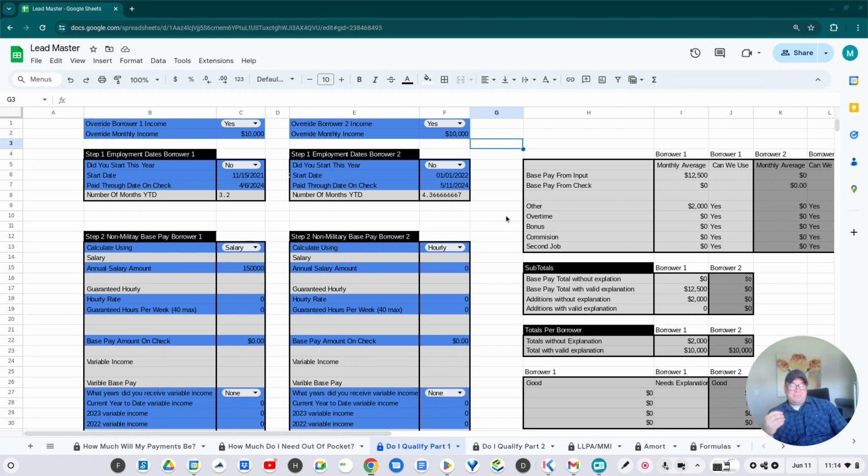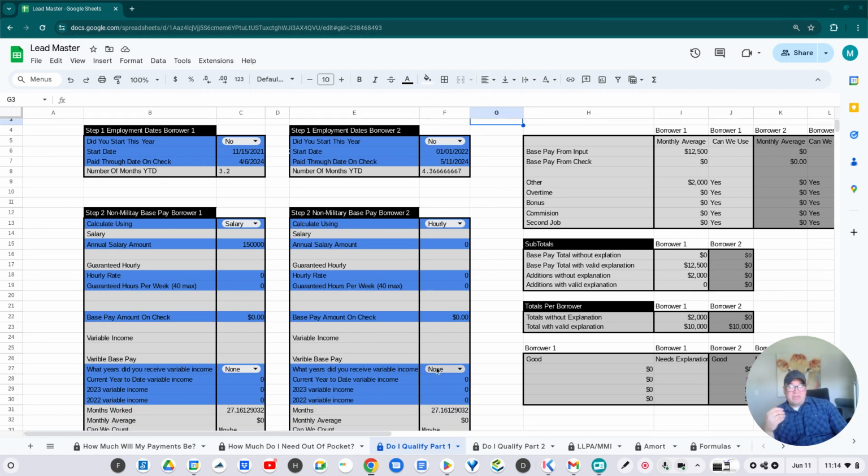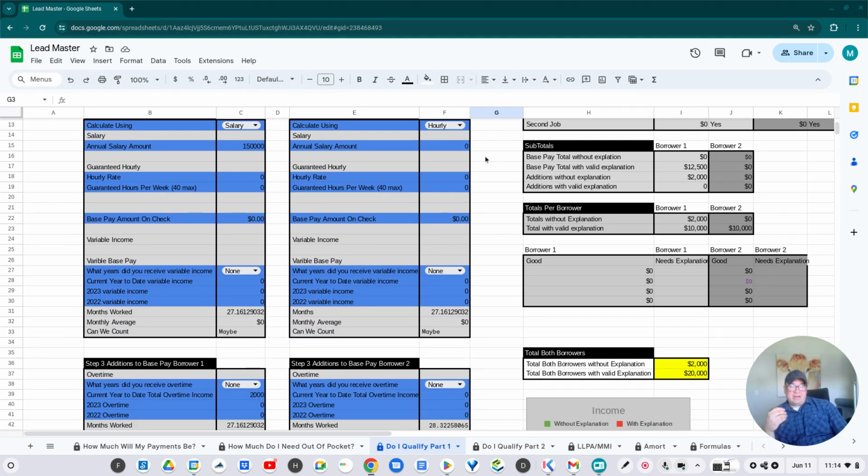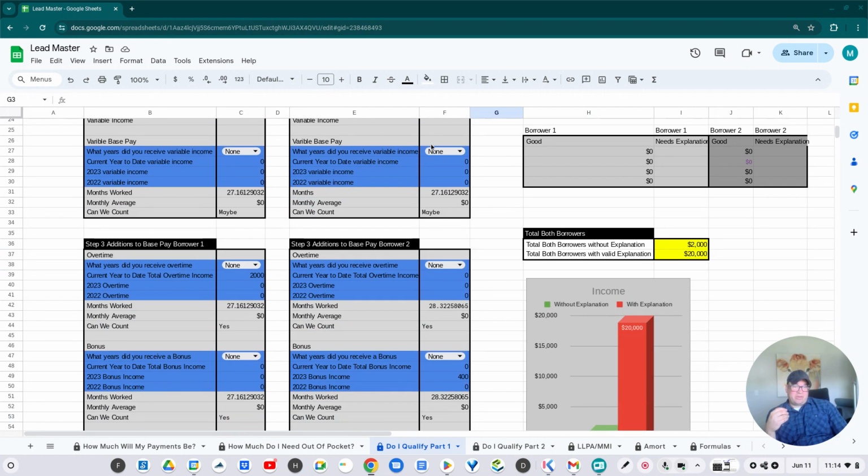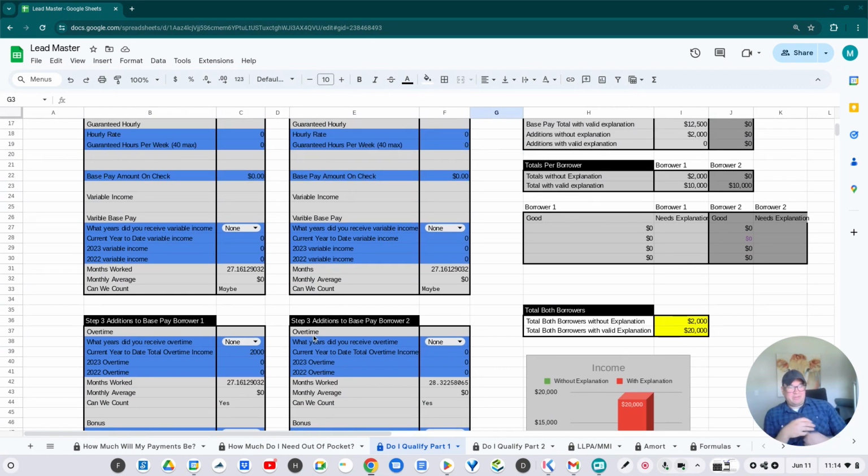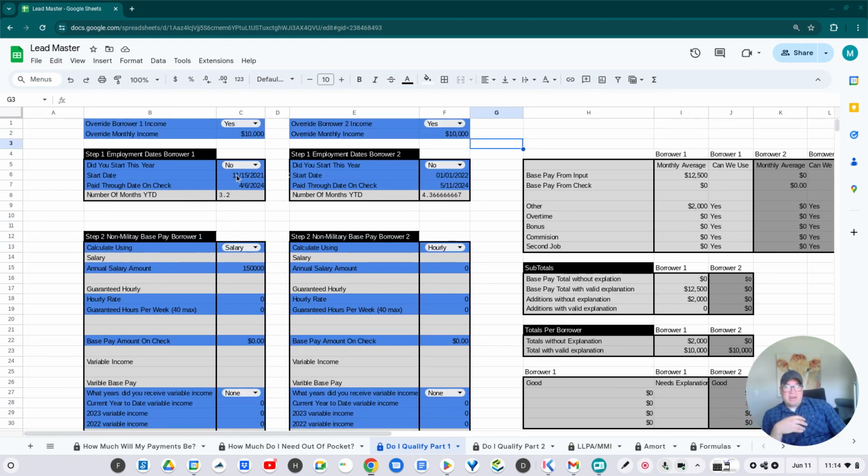But this whole part of income, the reason why this goes so in depth is because there's a lot of factors in what we can actually count as income. So yes, you can get an estimate by putting in what your monthly income is, but I strongly suggest scheduling a meeting so we can determine what we can actually count.